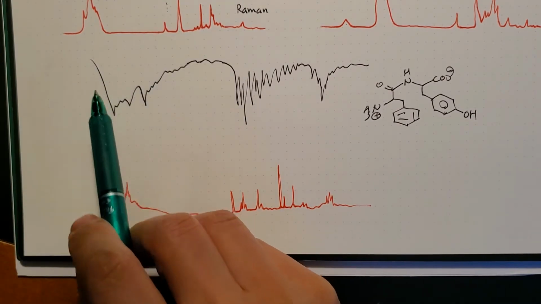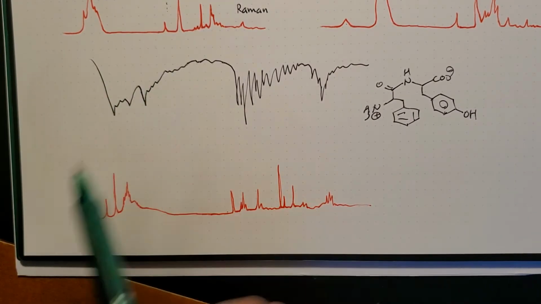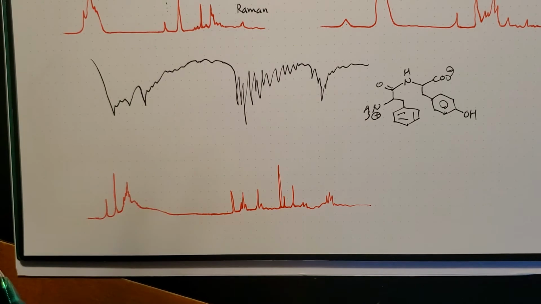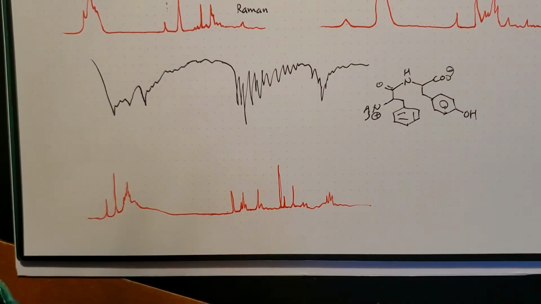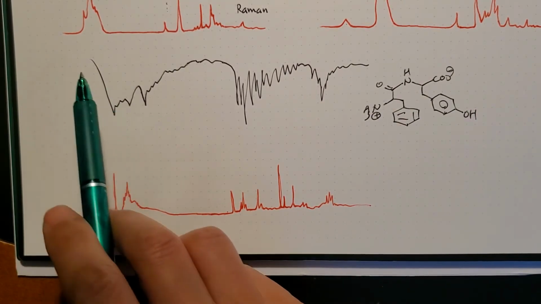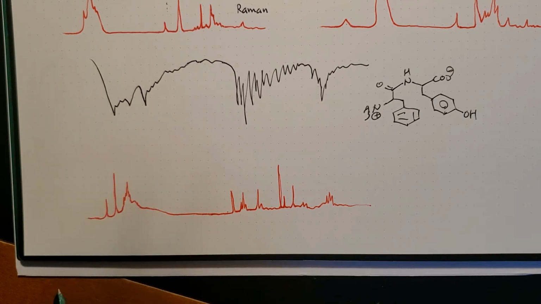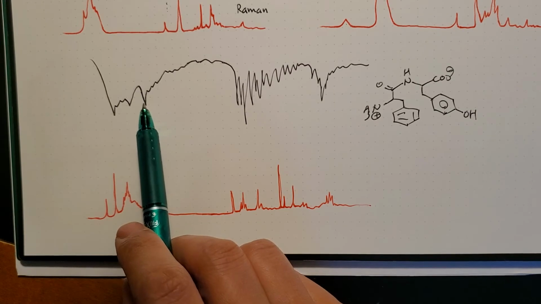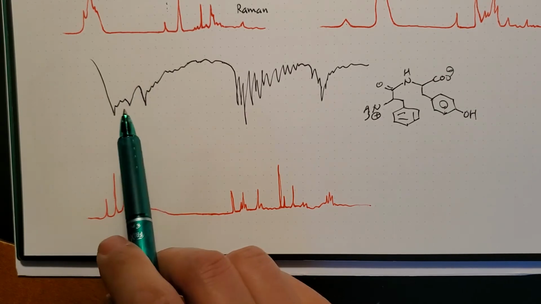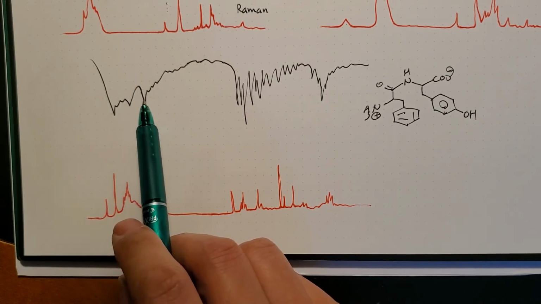So in regular IR, you have a very broad peak, and obviously you have a carboxylic acid OH, but also the phenol type of OH, regular OH embedded here, but there is no way you can tell. And all of the sp3 or sp2 hydrogen stretchings are buried under the OHs.